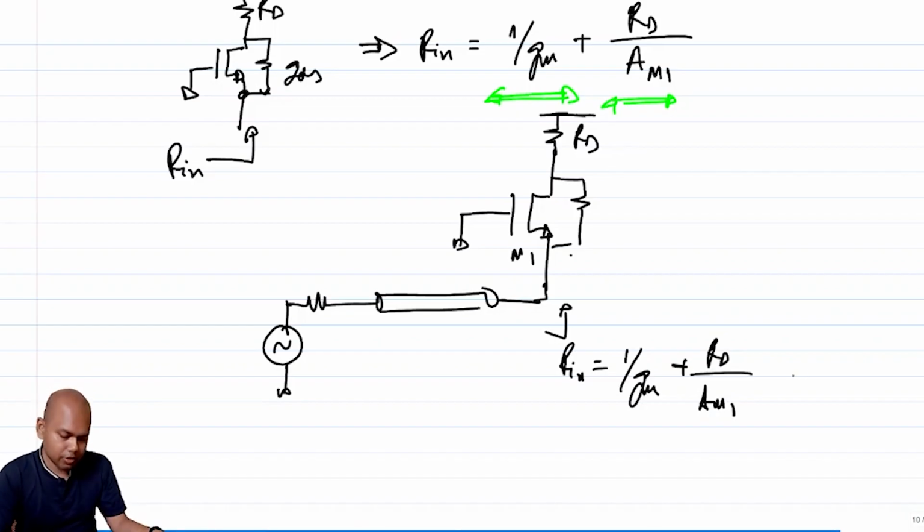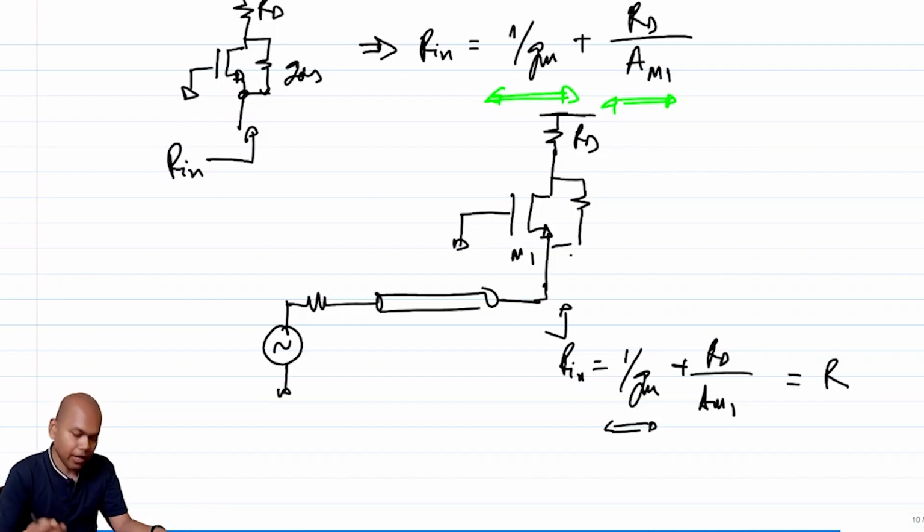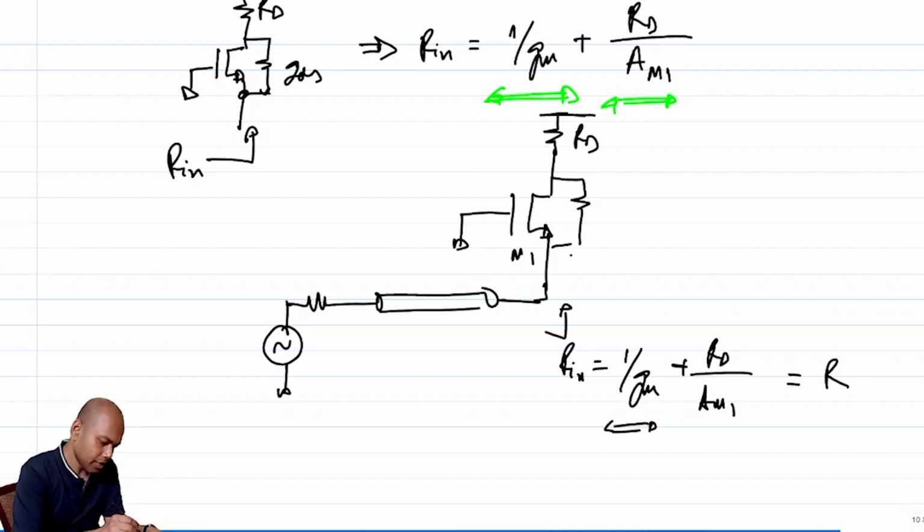And you make this equal to R by design. You design your Gm, you choose your RD and you choose your intrinsic gain in such a way that this is approximately equal to R. So you have matching. By the way, I have again neglected the capacitance associated with that node because it is connected to the source. There is a CGS capacitance associated. But again, the assumption is the same, that we are operating at lower frequencies like in a common source amplifier.